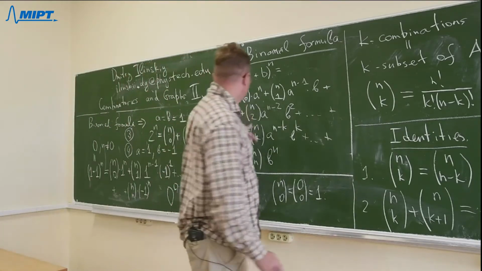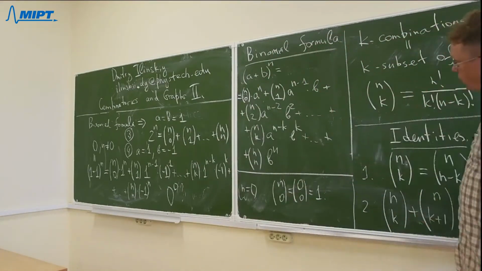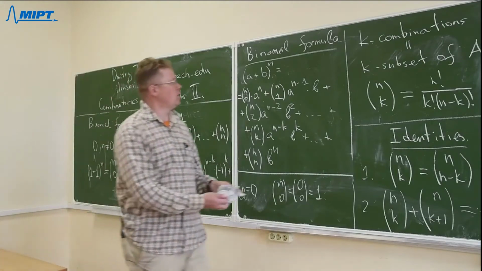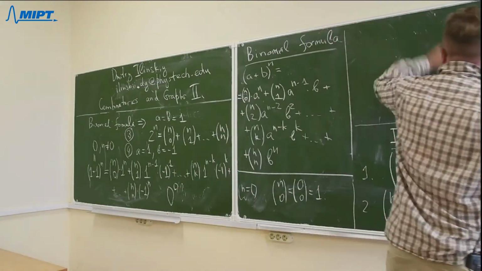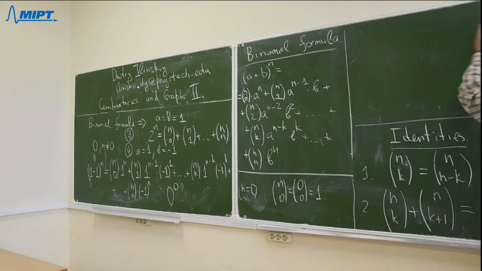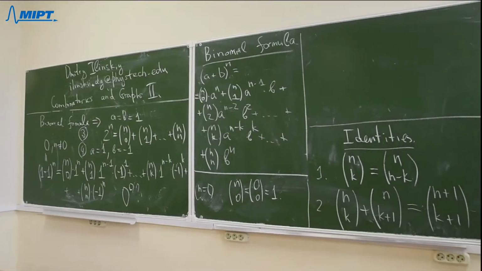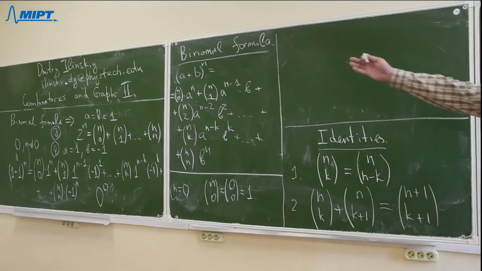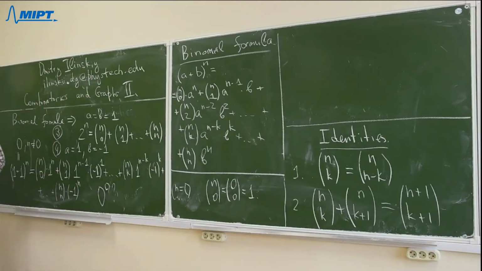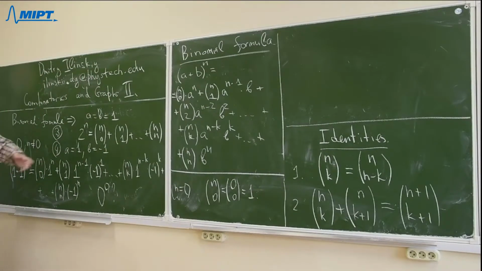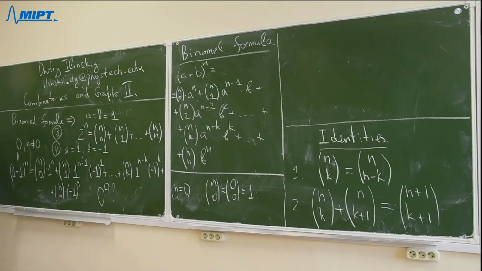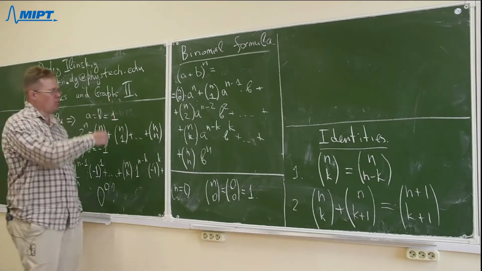Okay, how do we prove it? The first idea is using induction. Also, in every formula where you can get a combination, you can just look at the structure and try to find what we choose of what. So if we have here n choose 2, then here we can see the two-combinations of an n-element set.